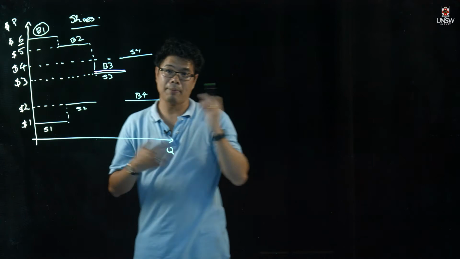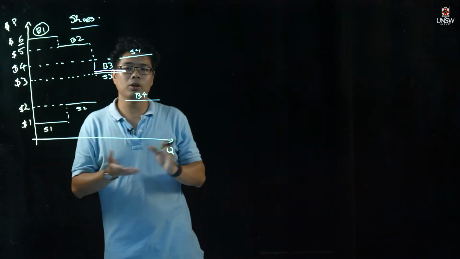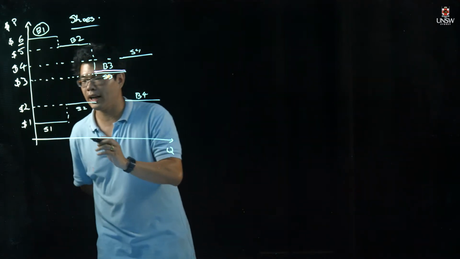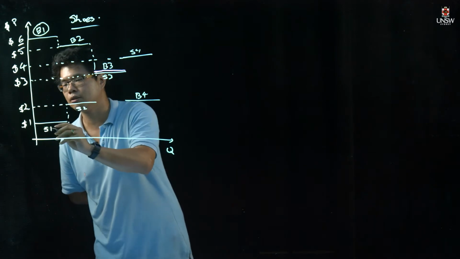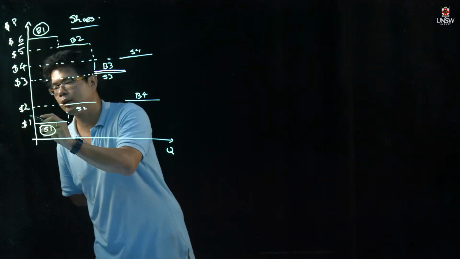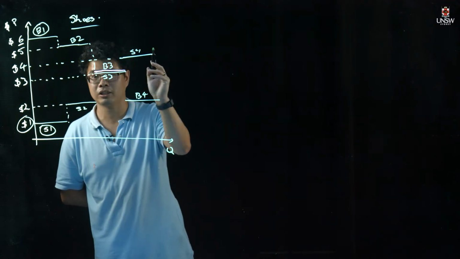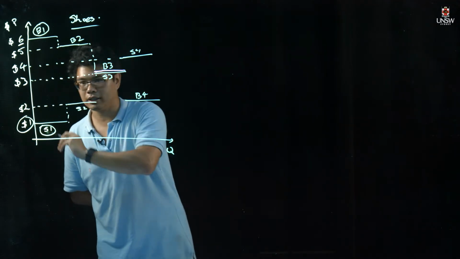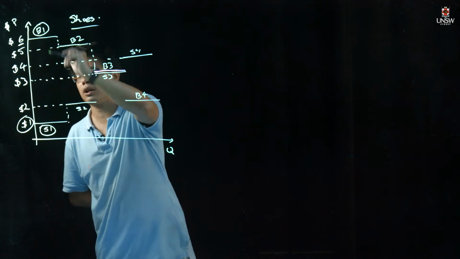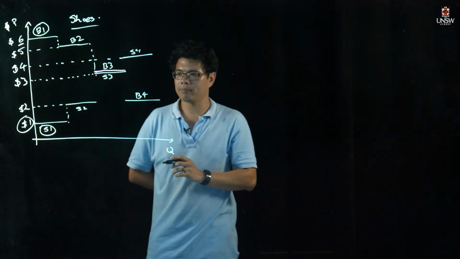Is there a supplier willing to supply at $6? Absolutely. Supplier one's marginal cost, and hopefully you understand why the supply curve reflects the marginal cost, is $1. So of course he'd be willing to supply to buyer one.